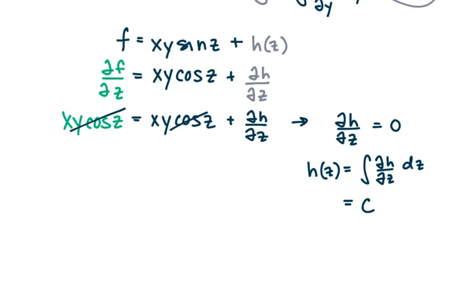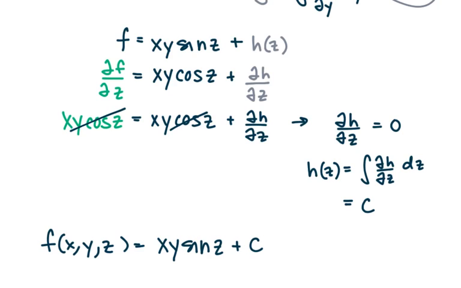And that means that h of z is equal to c, and my f of x, y, z equals xy sine z plus that c value. So xy sine z plus h of z, which we just found, is c.